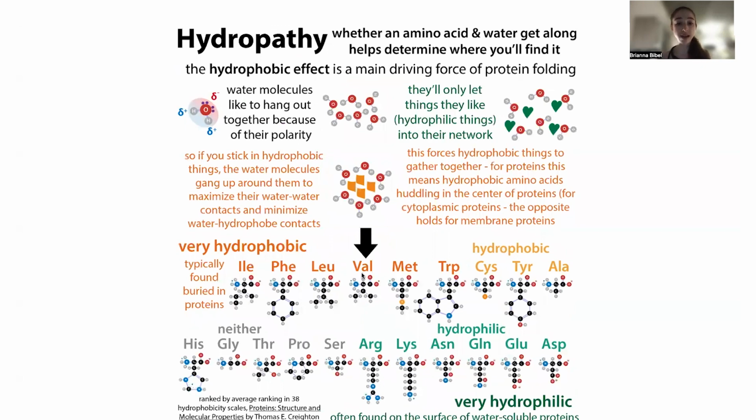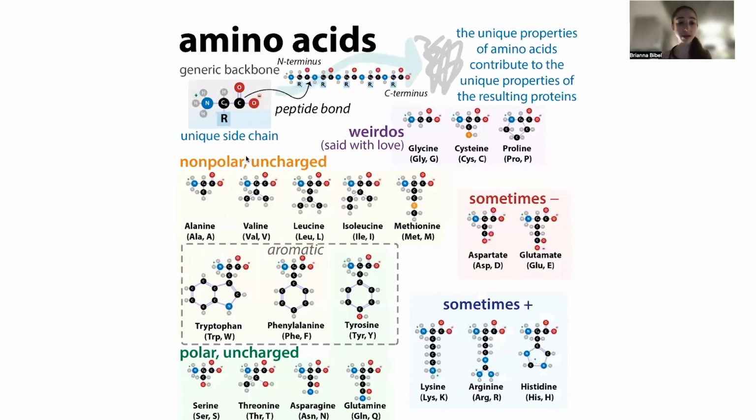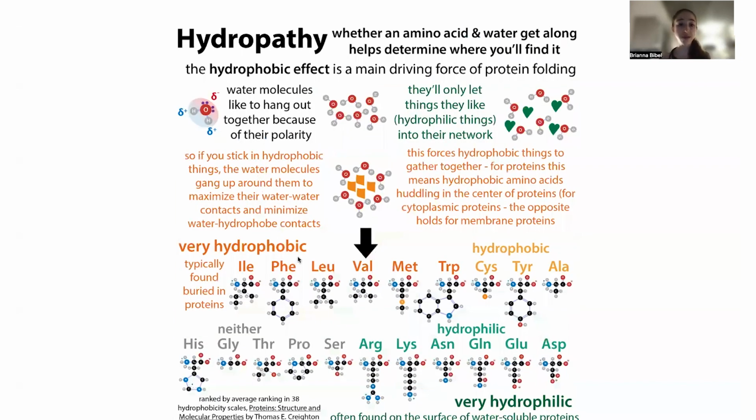And if we look at valine, we can see that its side chain, its unique part, its R group, is just this purple group. And so basically you just have these carbons and hydrogens, which are going to share fairly. So we classify valine as nonpolar, and we also classify it as hydrophobic because the water is not going to want to hang out with those.